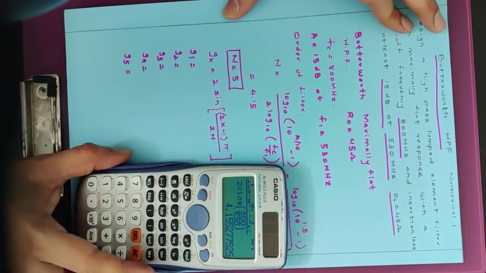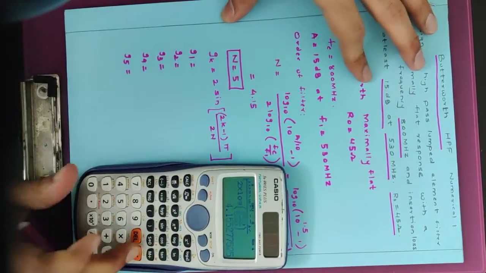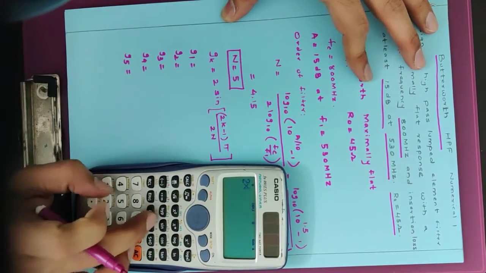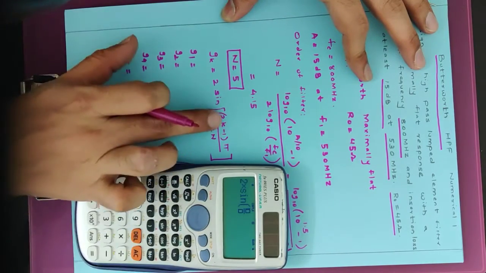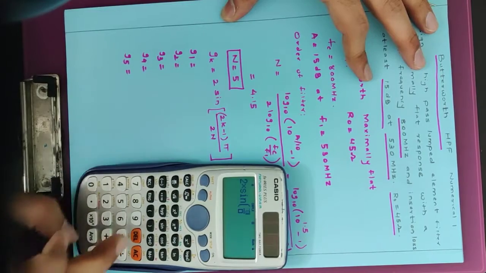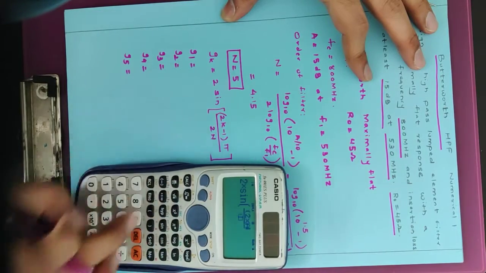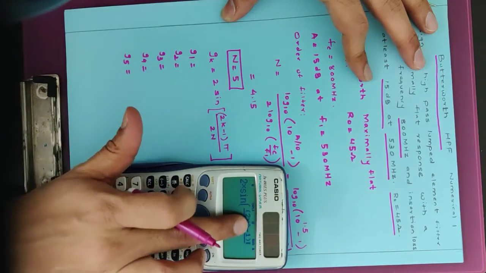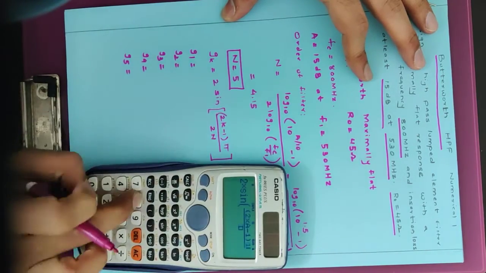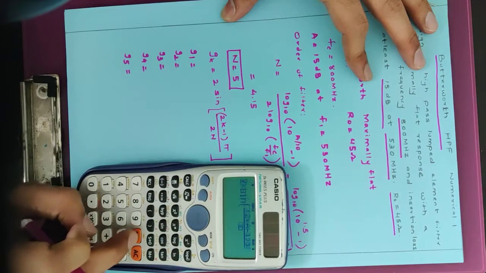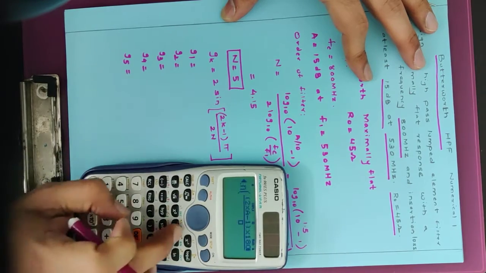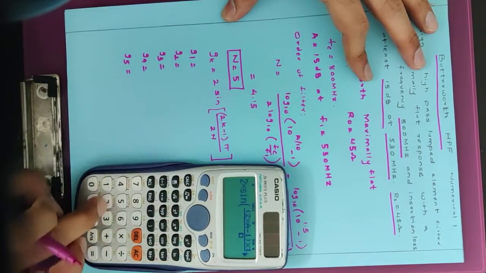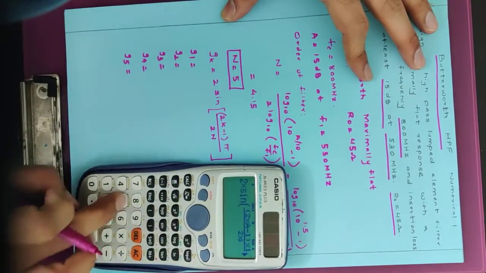So let us calculate this thing. I will type this formula over here. So 2 into sine, instead of k I will use variable a over here, minus 1. If your calculator is in degree mode, substitute pi as 180 degree, divided by 2 into n, and n is nothing but 5.